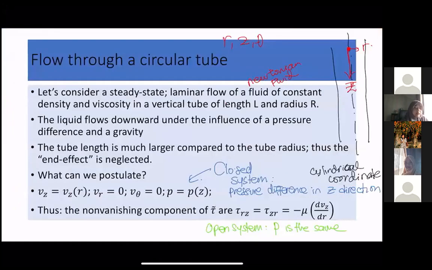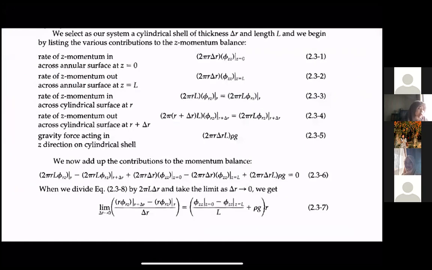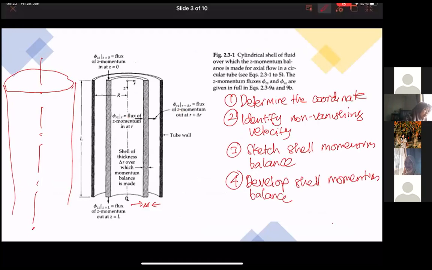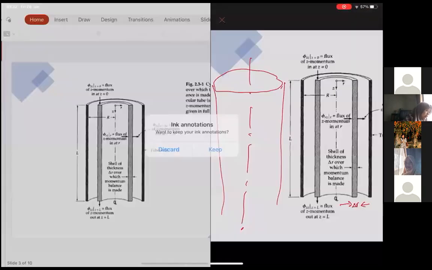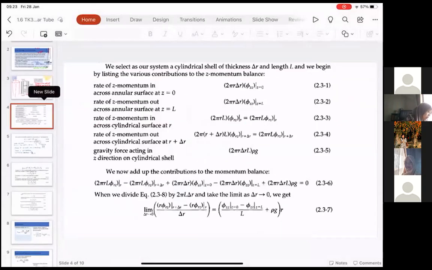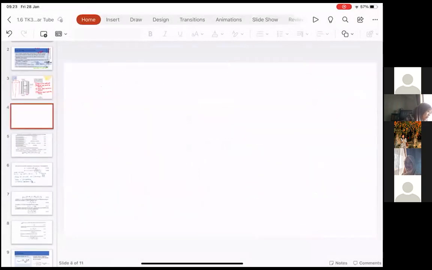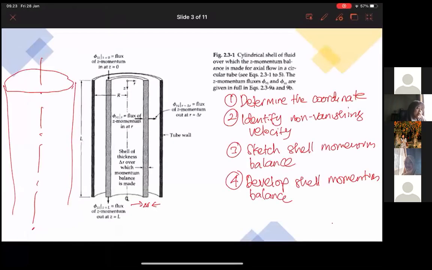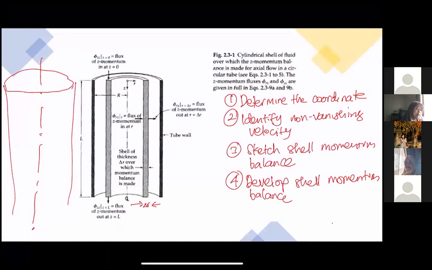Okay, so that, and then let's try to sketch them. Looks like I need to maybe add one more line there. Let's write the sketching of the shell momentum balance.